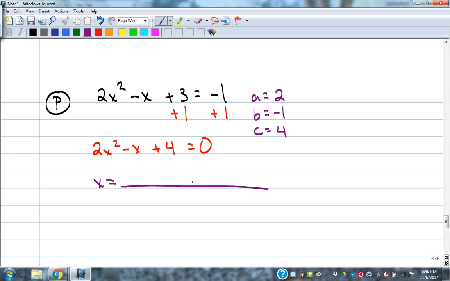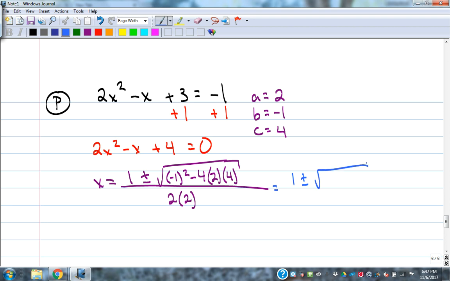And then when you go to your formula, negative B, the opposite of -1 is +1, plus or minus the square root of B squared, so -1 squared, minus 4 times A times C, over 2 times A. And A is 2 this time.